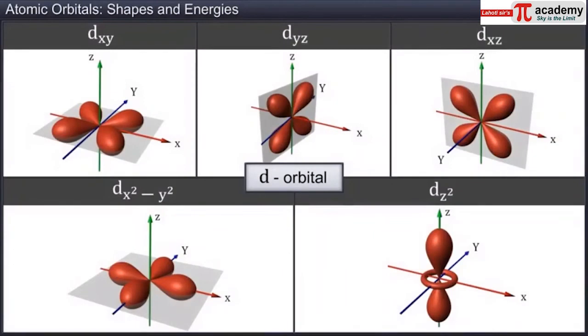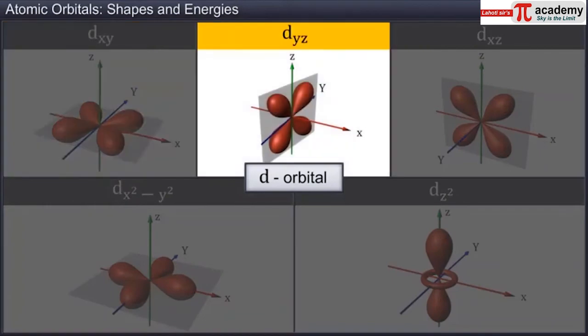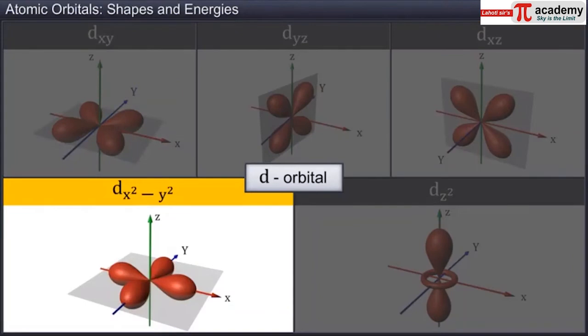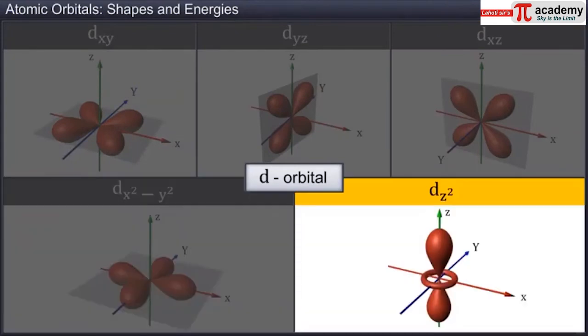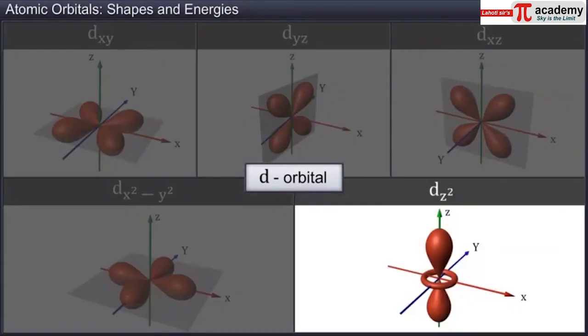The boundary surface diagrams pertaining to these orientations, designated as dxy, dyz, dxz, dx²-y², and dz², are shown. Note the similarity in shapes of the first 4 d orbitals, which are different from the fifth orbital, dz². The shape of dz² is donut shape.